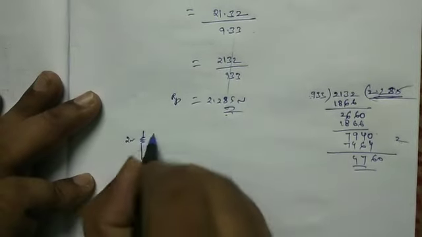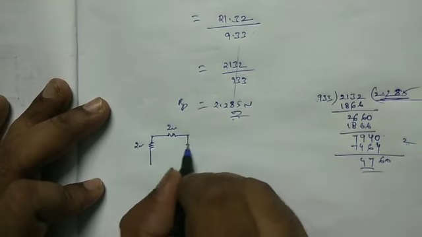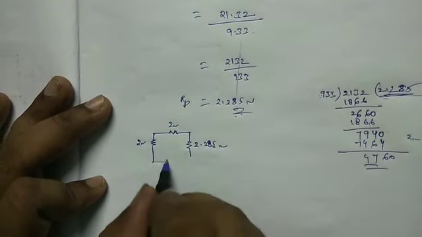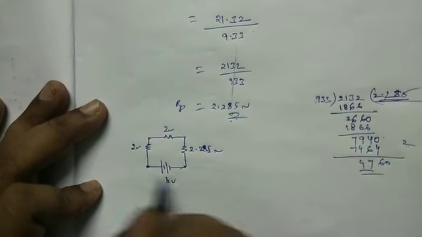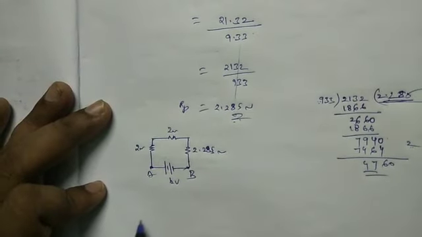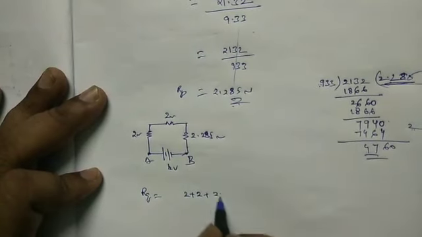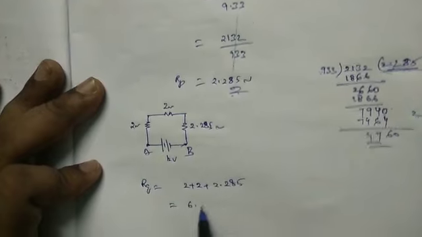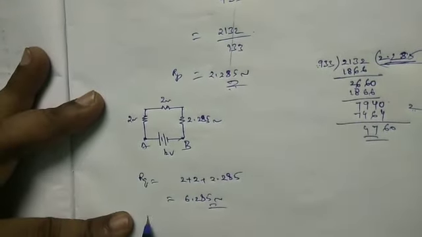Here 2 ohms, here 2 ohms, and here 2.285 ohms, and this is the battery of 12 volts. Again this is A and this is B, and these are all in series. Now R equivalent is equal to 2 plus 2 plus 2.285, that is equal to 6.285 ohms.